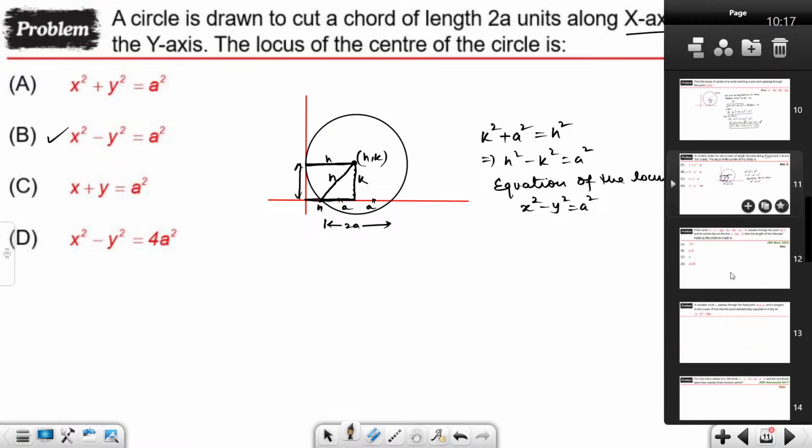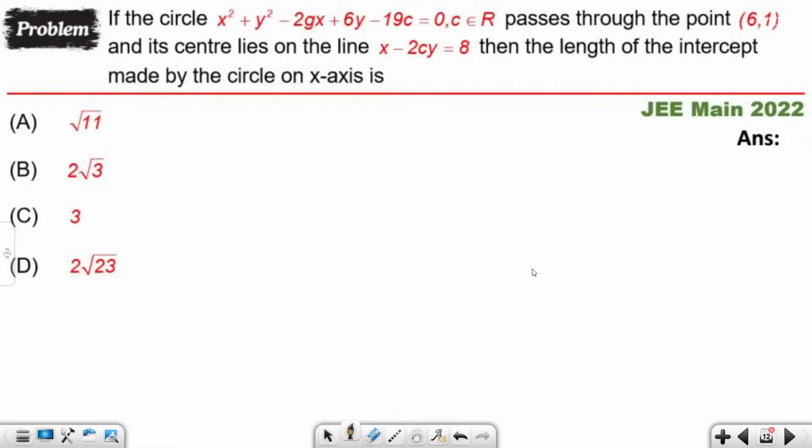Chalo. So let us move on to another problem. See this question, which came in JEE Mains 2022.